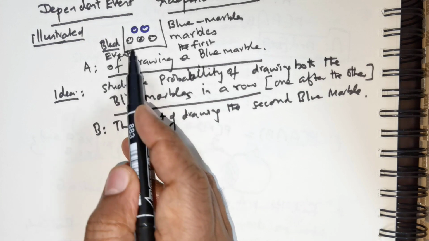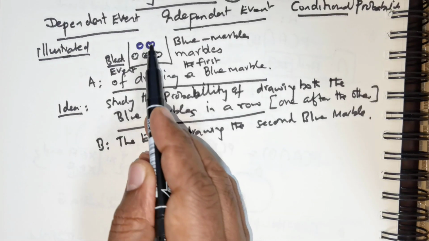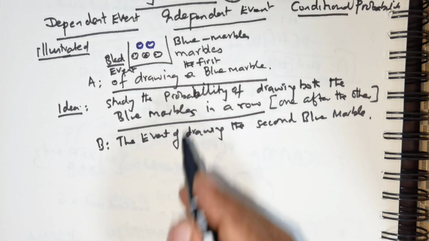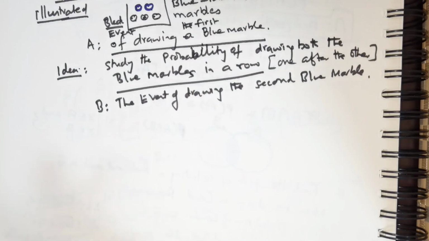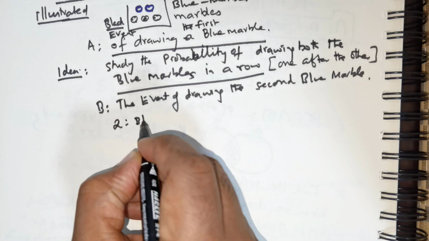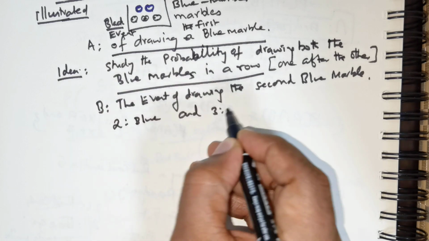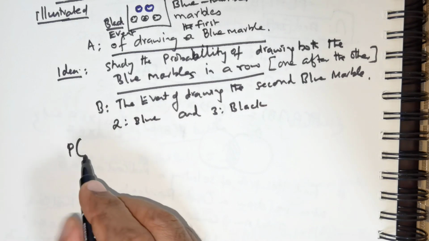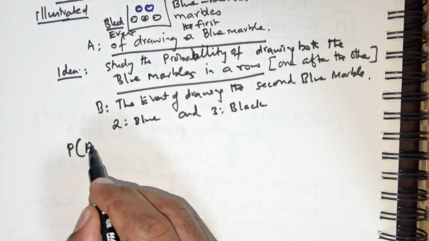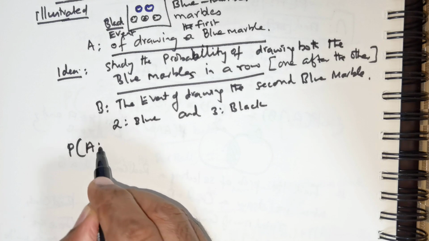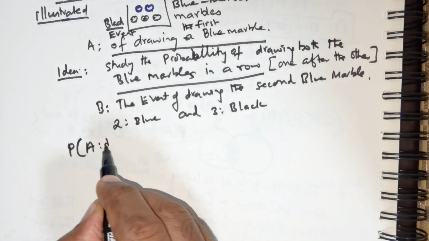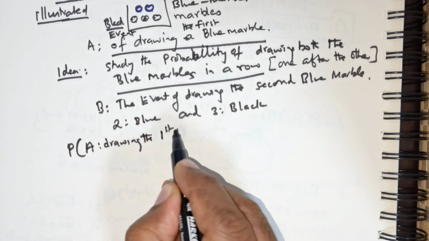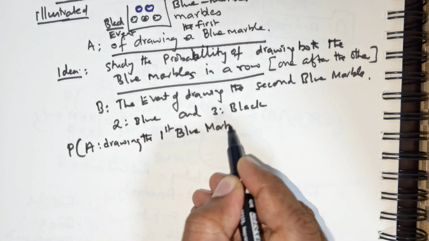As I mentioned to you, we have 1, 2, 3, 4, 5 marbles in all, and there are 2 blue marbles and 3 black marbles. Now I'm interested in knowing the probability of drawing the first blue marble.